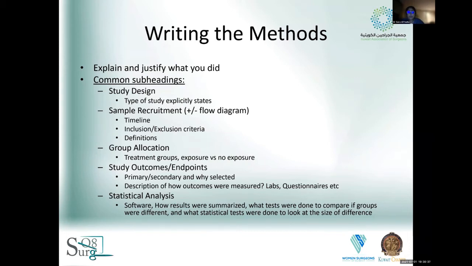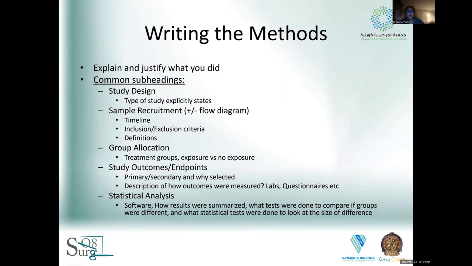Next, you'd talk about sample recruitment, and you might have a flow diagram to show how you recruited subjects. So you'd say, we recruited 300 people who presented at the diabetes clinic. We excluded people who are immunosuppressed, et cetera, and we defined people as diabetic based on their HbA1c, blah, blah, blah.